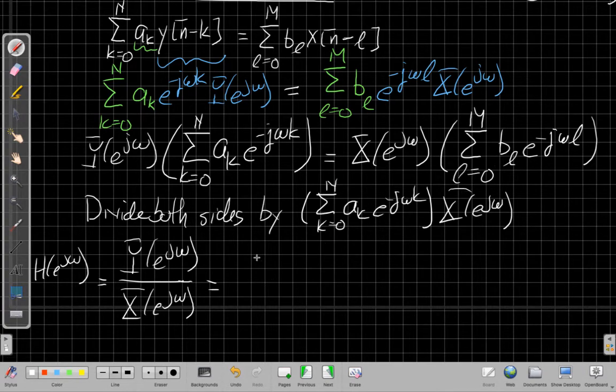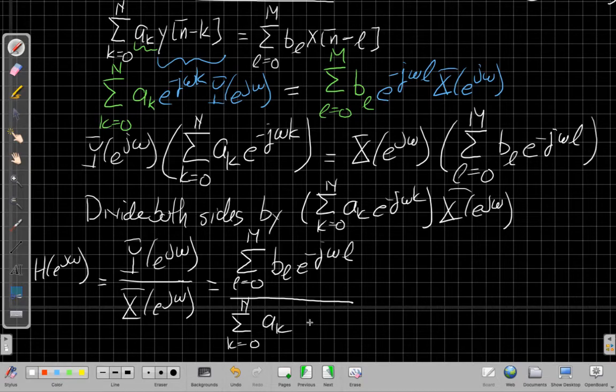On the right-hand side, the numerator is the sum of L going from 0 to m of b sub L e to the minus j omega L, all the terms that came from the delayed versions of the input. The denominator is all the terms that came from the delayed versions of the output: the sum as k goes from 0 to n of a sub k e to the minus j omega k.